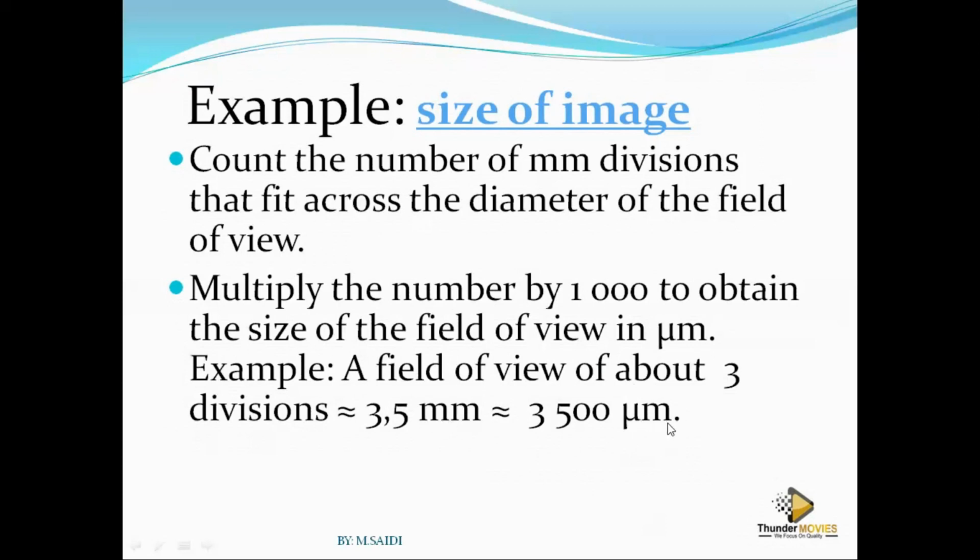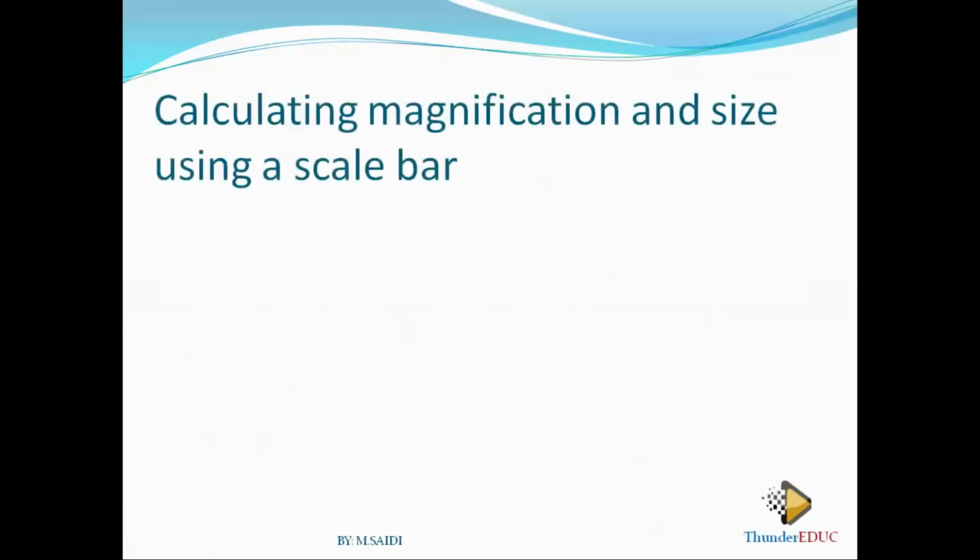To change millimeters to micrometers, you multiply by 1,000, so if your field of view is 3.5, multiplying by 1,000 gives you 3,500 micrometers. So whenever you are calculating, try to convert this into micrometers, or you can also convert it into nanometers. Then calculate the magnification and the size.